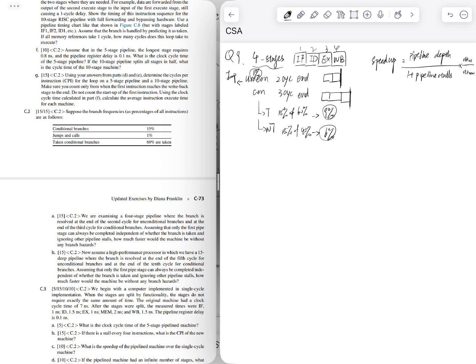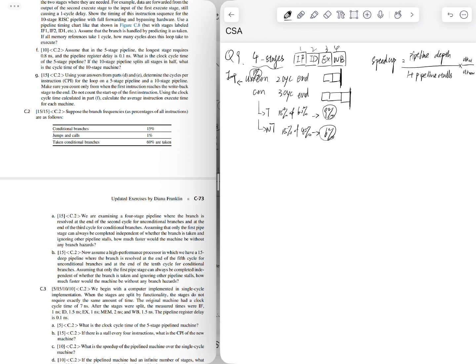And something we need to know is that the branch is resolved at the end of the second cycle for the unconditional branch. So for jumps, we need to wait until the second cycle to know the result. And for the conditional, we should wait until the third cycle to know the result.